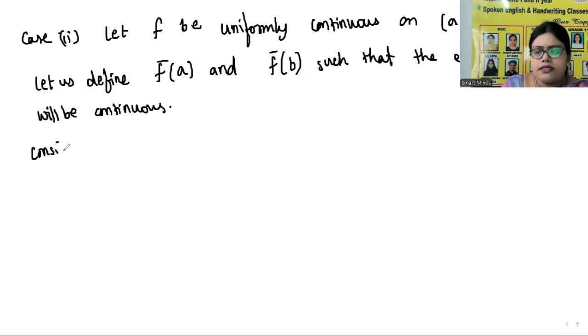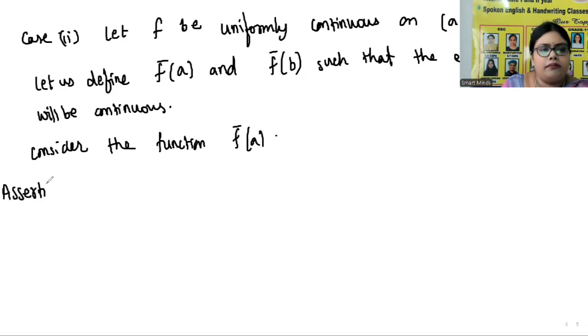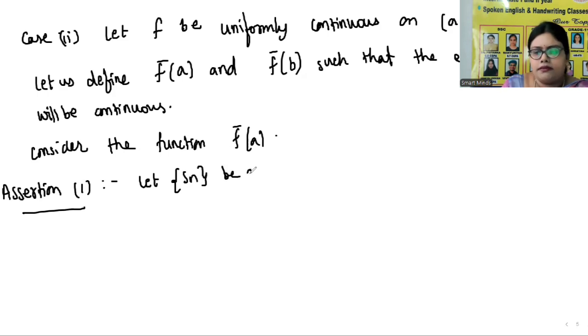Now let us consider the function f bar of a. Here we have assertion number 1. What is assertion number 1? Let Sn be a sequence in open interval (a, b) that converges to a.